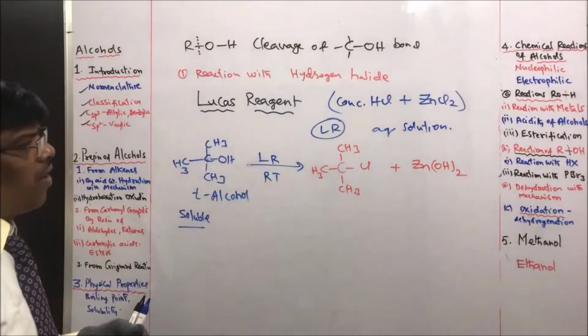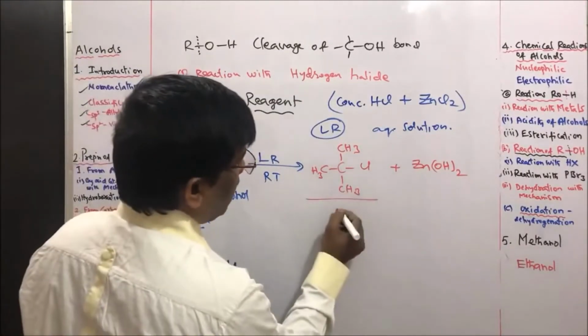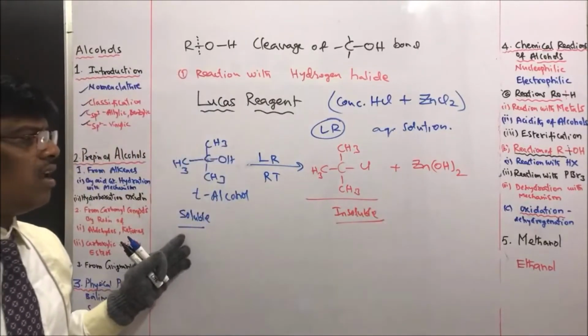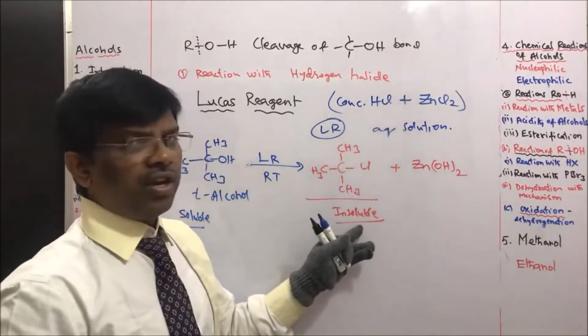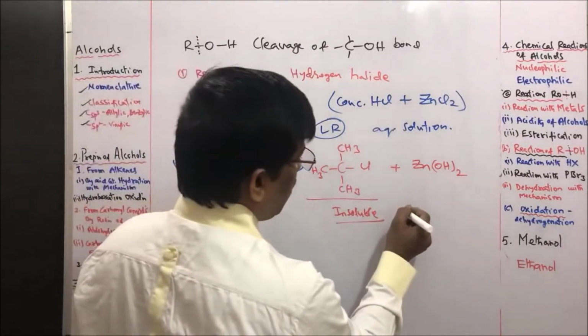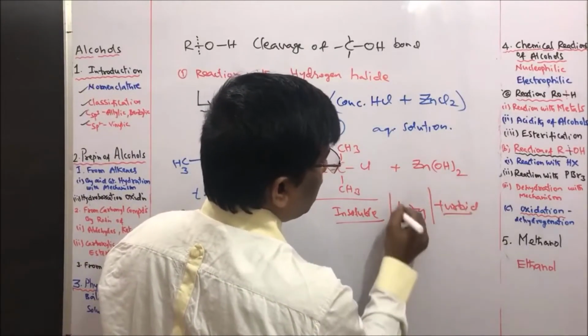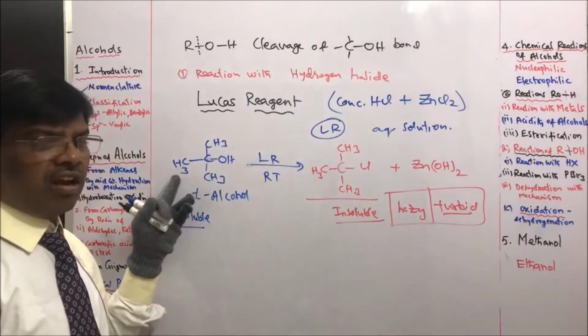This tertiary butyl chloride is insoluble, so as soon as we add tertiary alcohols to Lucas reagent, we get a precipitate or hazy turbid solution.